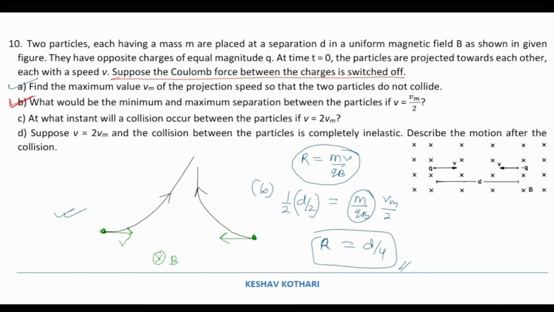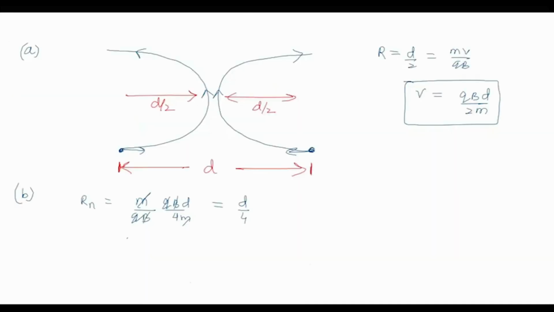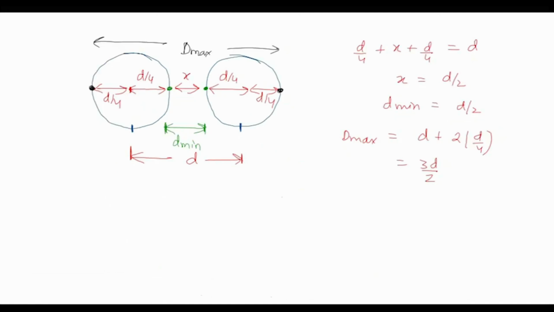So in order for the collision to take place, both the particles must cover equal distances. So if both the particles are covering equal distance, we are saying that the velocity is twice of Vm. This was the B part, now we are dealing with the C part.